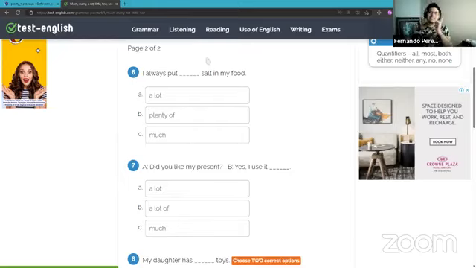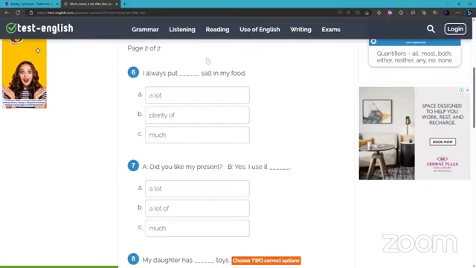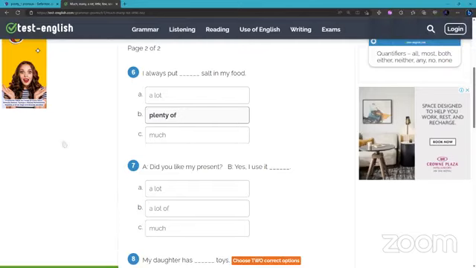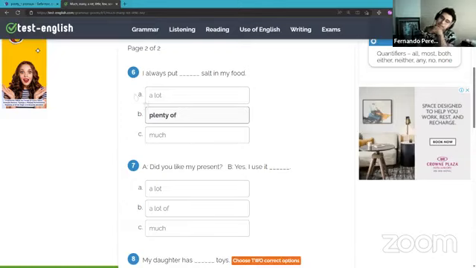The connector was necessary in this case. Another option? In this case, the correct answer is plenty of, because... Well, that's one reason, but the other reason is plenty is similar to enough. Okay? Much salt is too much. I don't like it. A lot is incomplete, and plenty of is similar to enough. Okay. Take a note about this one, man. But very, very good. That's right.